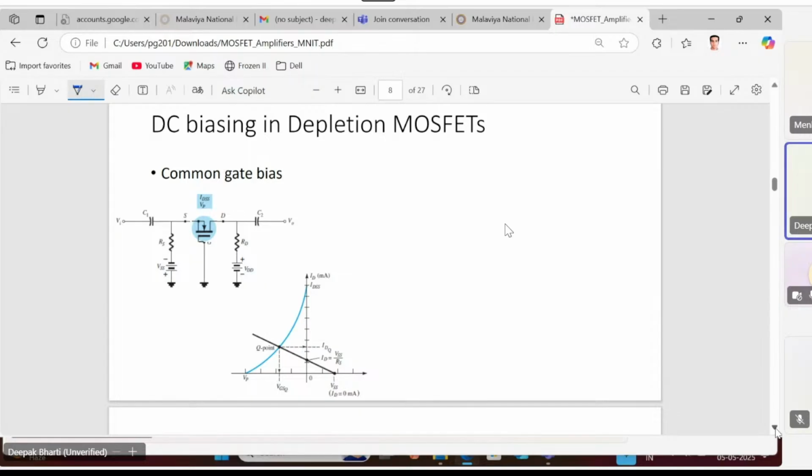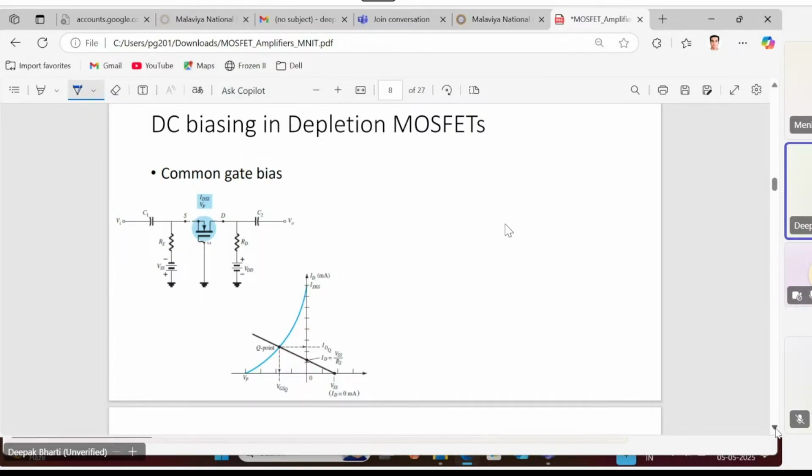So let's see one or two more examples of biasing networks. The network seen here is an example of a common gate biasing network. Here also, our basic task to determine the operating point remains the same.